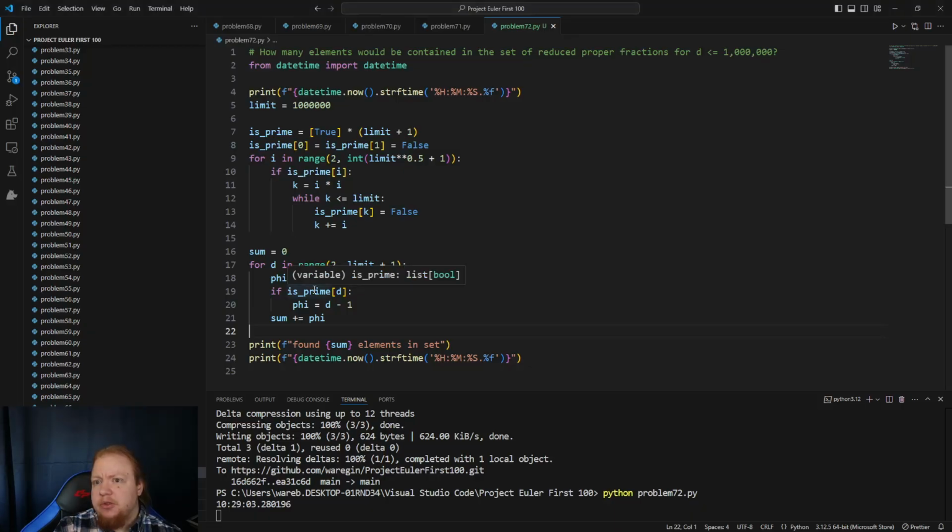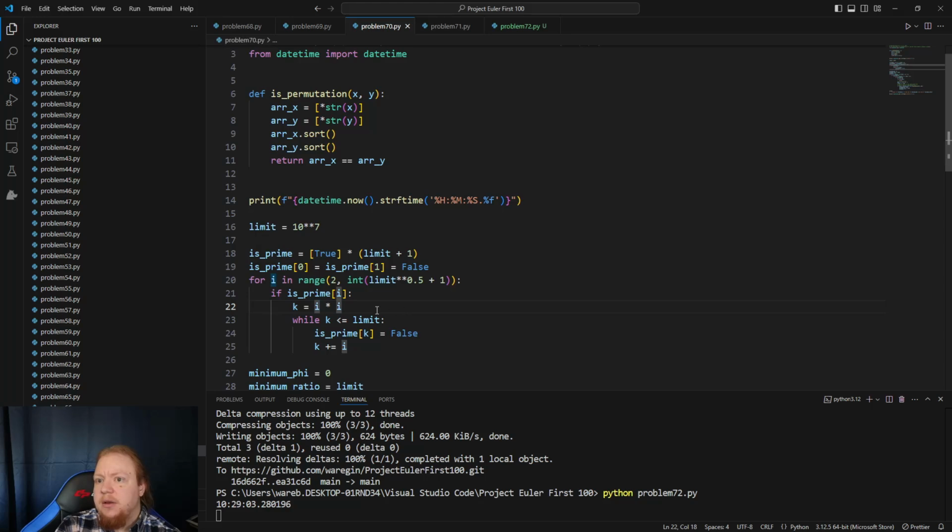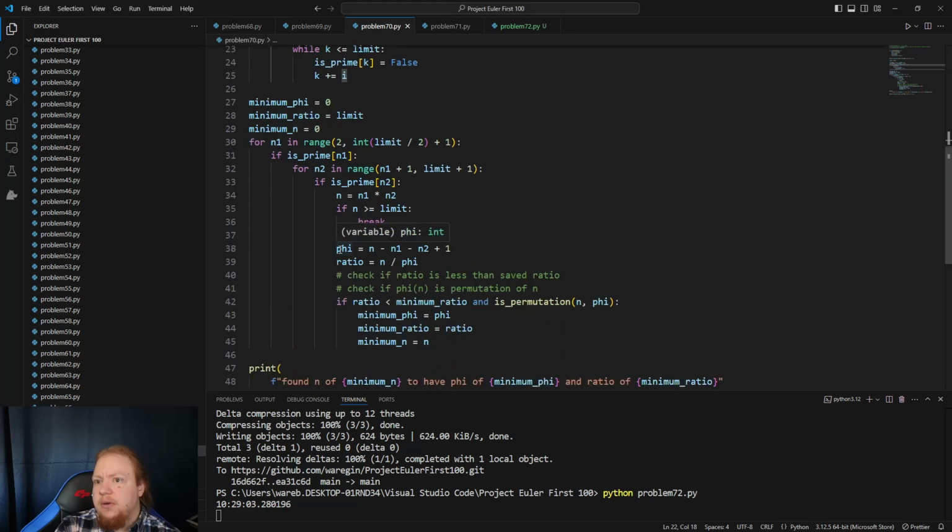Or for the numbers where... let's see. My formula for problem 70 was phi equals n minus its 2 prime factors plus 1.